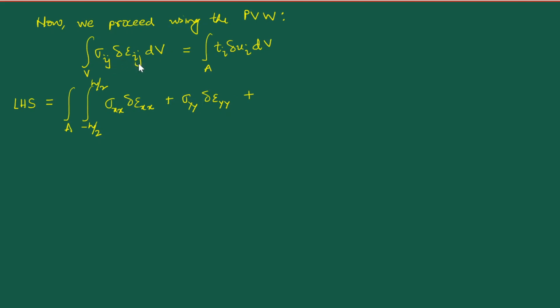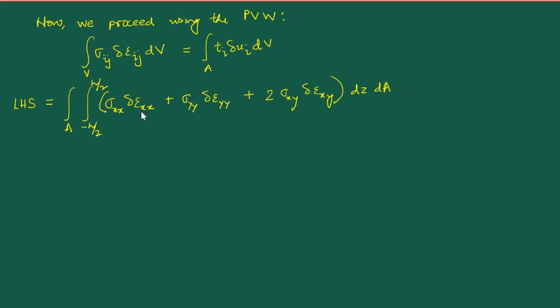But we know that they are the same, so what we are going to end up with here is twice sigma xy delta epsilon xy. So the first integration is with respect to z, and the second integration is over the entire area covering the xy domain. All right.